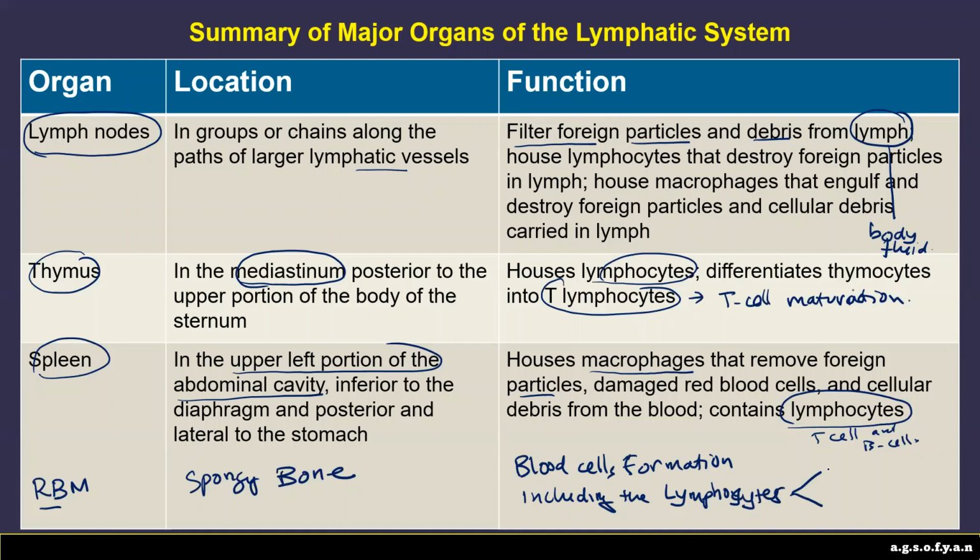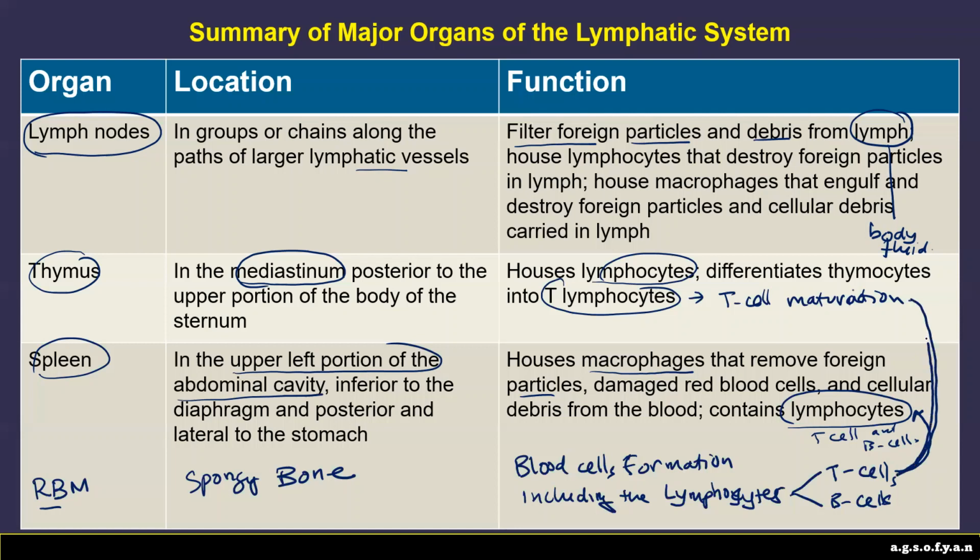There are two types of lymphocyte, T cell and B cell. T cell will move to the thymus gland and become mature over here. Mature in thymus.